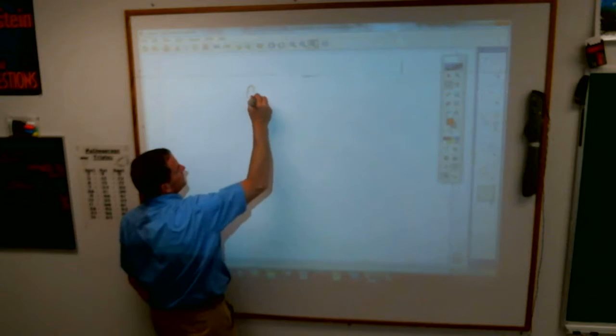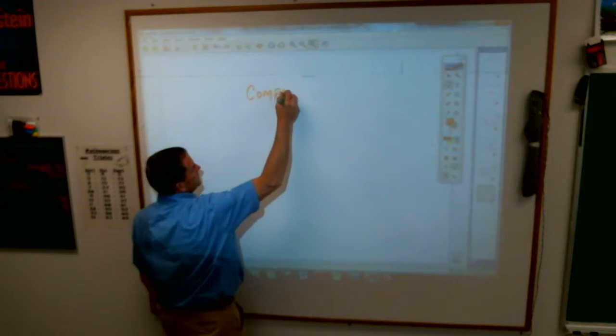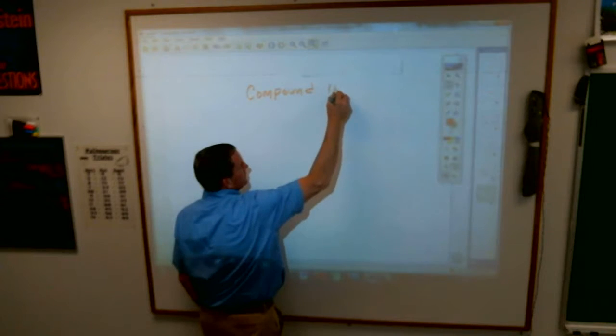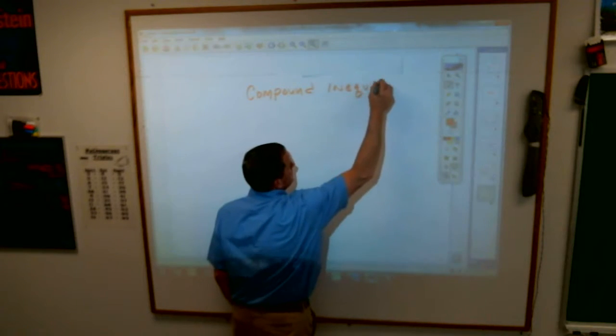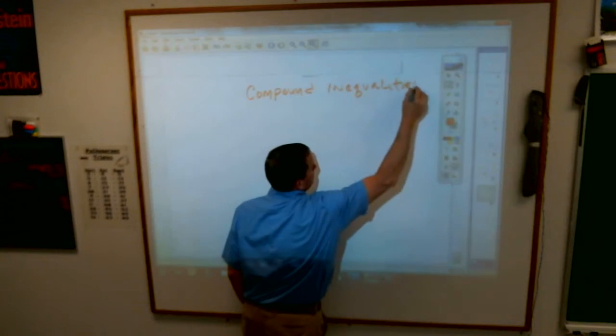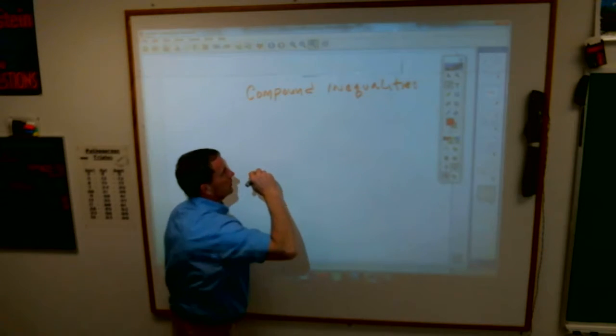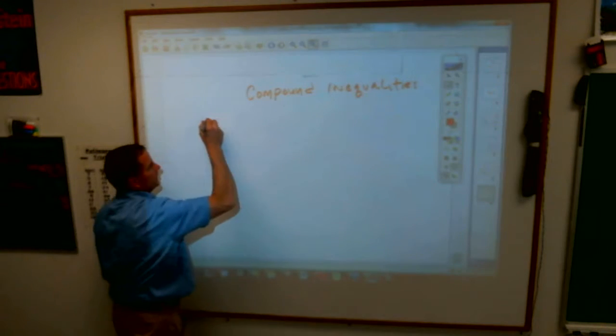We're going to call this compound inequalities. And compound inequalities come in two different flavors.